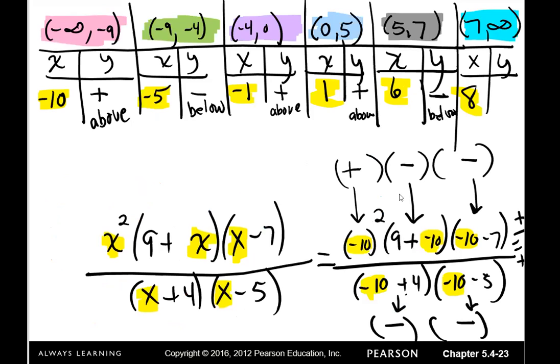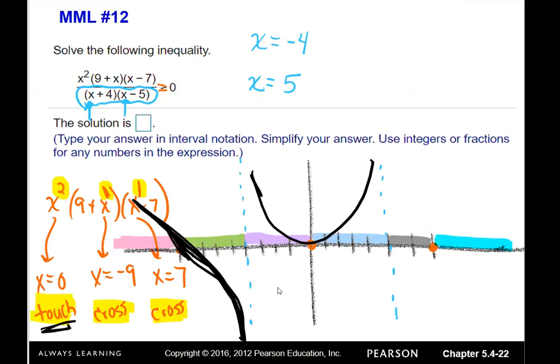And then on the turquoise, I plugged in an 8, and that came out to be a positive, which is above. And although I really didn't need to do that, because as soon as I found that the gray area was below, and I know it's going to cross right here, this has to be above. So it's got to be like that.